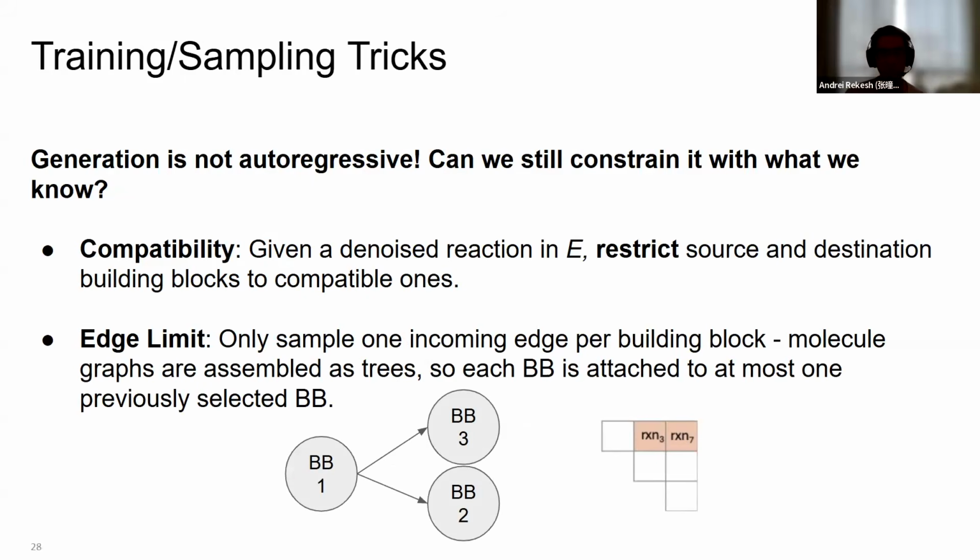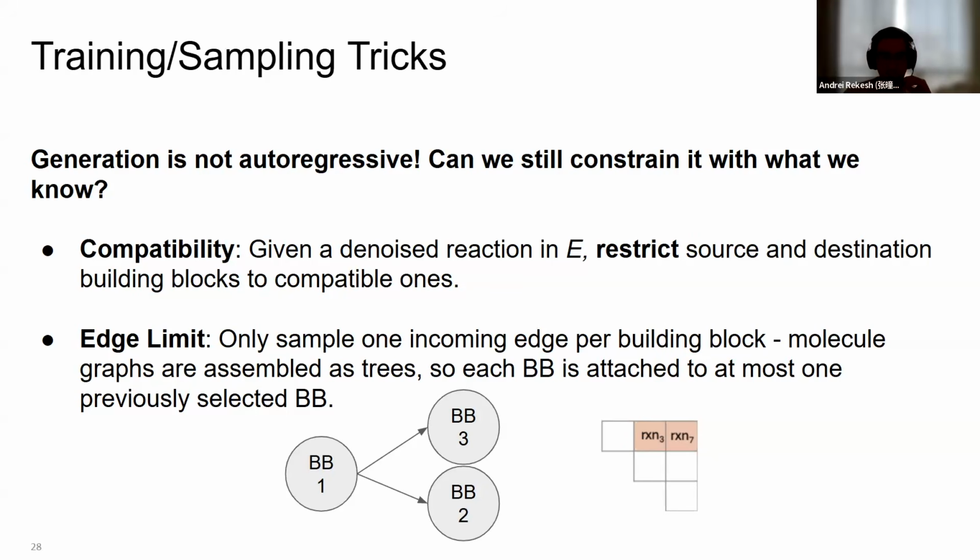So there are even more considerations. Even though we have a non-autoregressive framework that lets us do all sorts of cool things like denoising building blocks out of order or doing disjoint fragment linking, we still would like to constrain it with what we know.